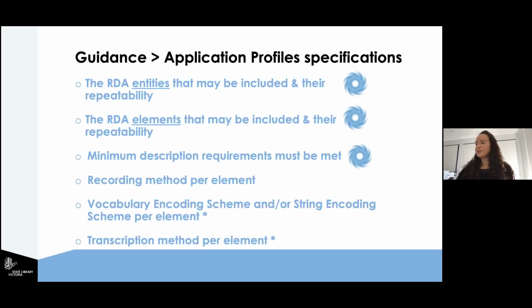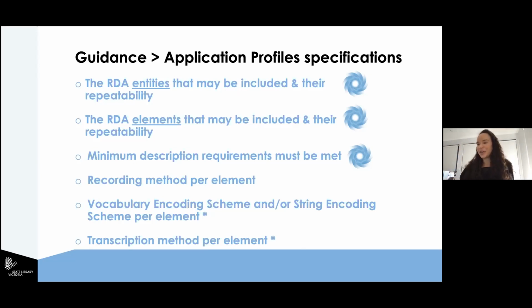Okay, now, you see that there are some whirlpools here, which might be a little bit surprising, because these whirlpools are places where I've grappled with making sure that my application profiles meet the specifications that the toolkit outlines.